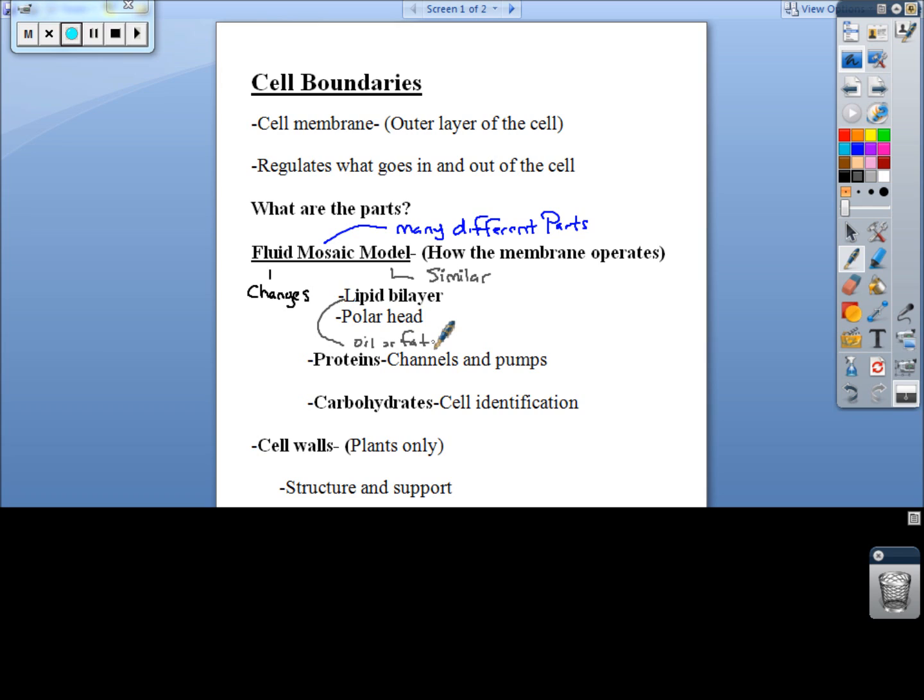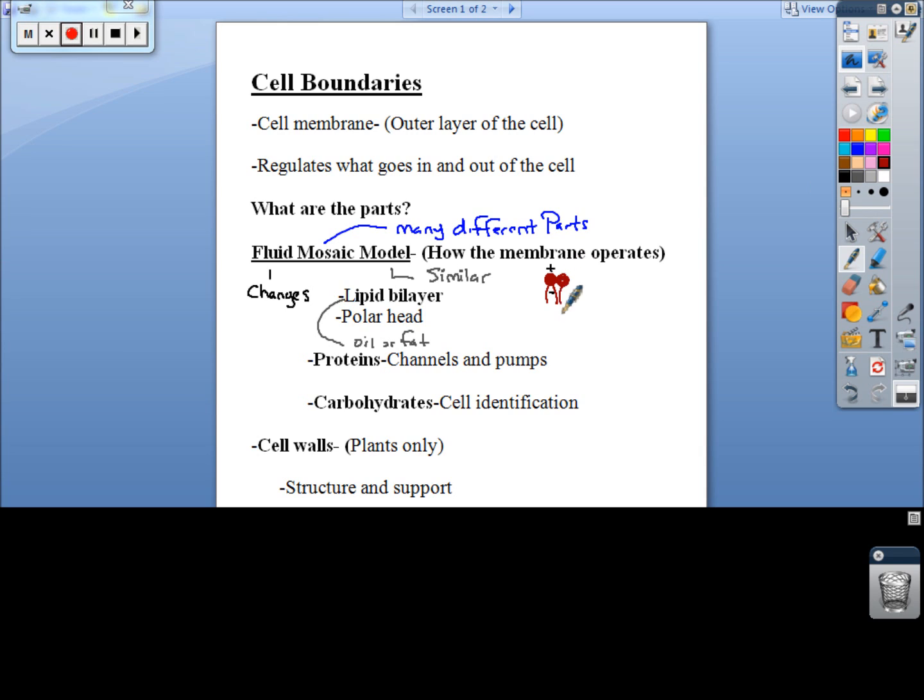And it has something called a polar head. So I'm going to draw you a picture here so you can see what it looks like. It has this head, and it has a little tail like that. This is polar, which means it's charged, so it's positive on one end and negative on the other. This is kind of simplified, but I think it will give you a good idea.